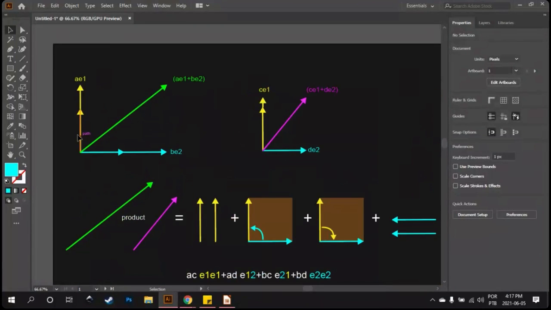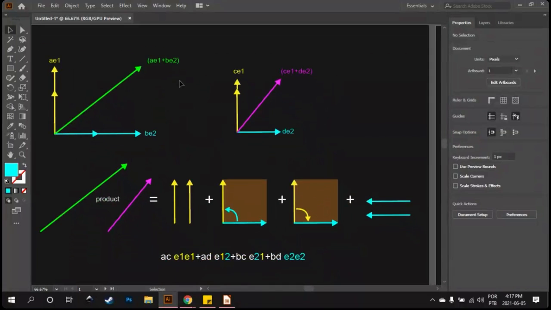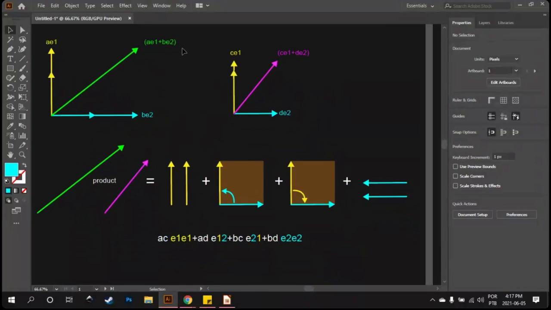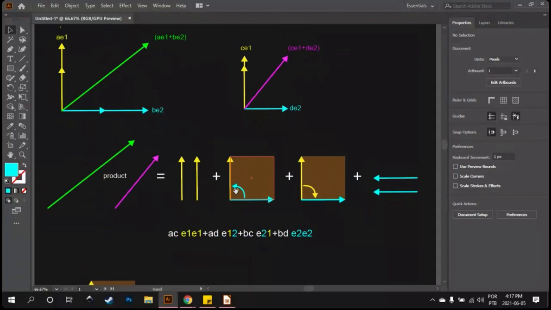If you take two basis vectors, E1, E2, and construct a few vectors with those basis vectors, the product of them is quite simple to demonstrate algebraically. It's just distributive multiplication. You distributively multiply each basis vector and each bivector onto itself.